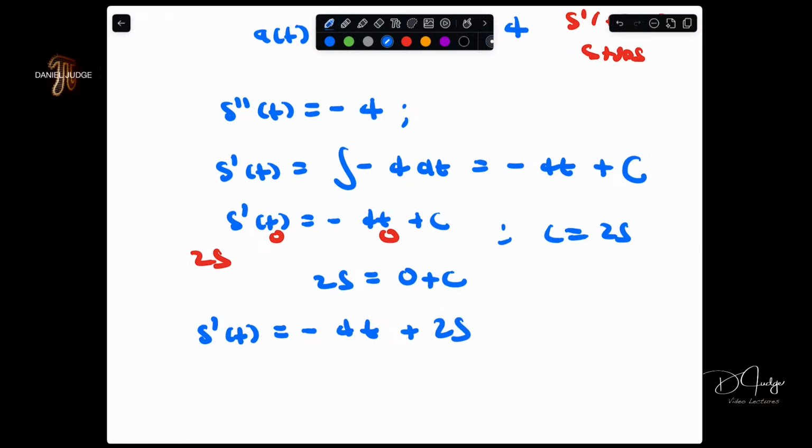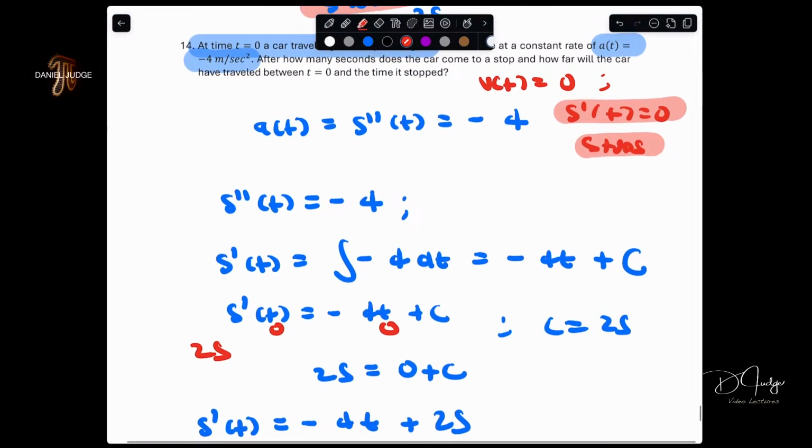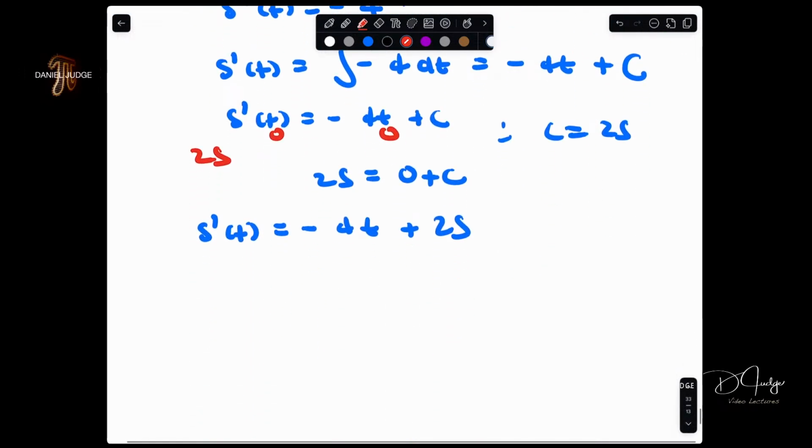So there's velocity. Now remember, they need the time t where the car stops, right? At what time does the car stop? Well, when your velocity is 0. The car stops when this equation is satisfied. So we're going to set that equal to 0.